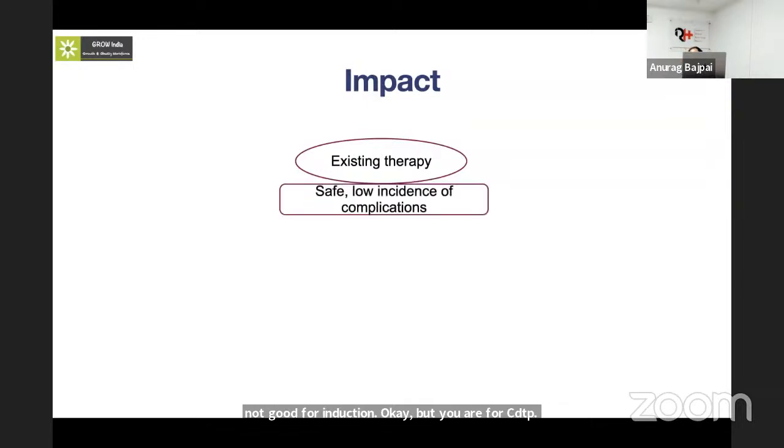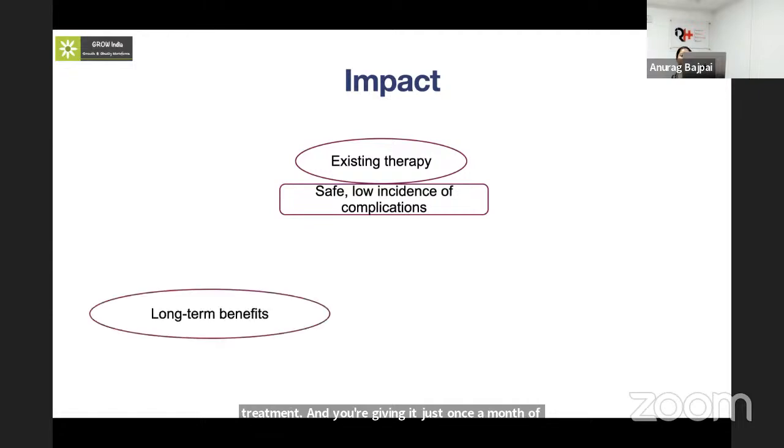So again, as Sir said, existing options of watchful waiting and testosterone have been found to be safe and well accepted in clinical practice, and the incidence of complications with testosterone is extremely rare, about 1 to 5%, making it a fairly safe treatment. And you're giving it just once a month, so compliance is fairly good with testosterone therapy.